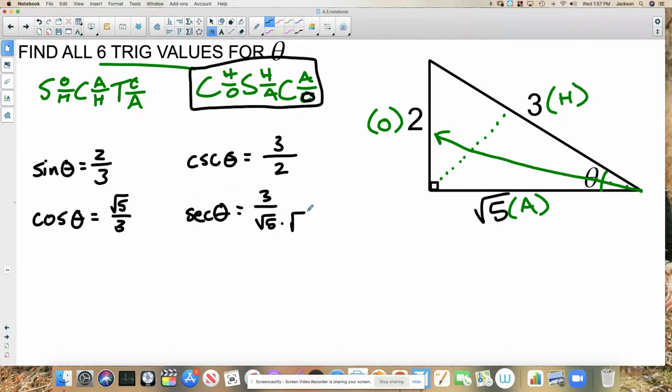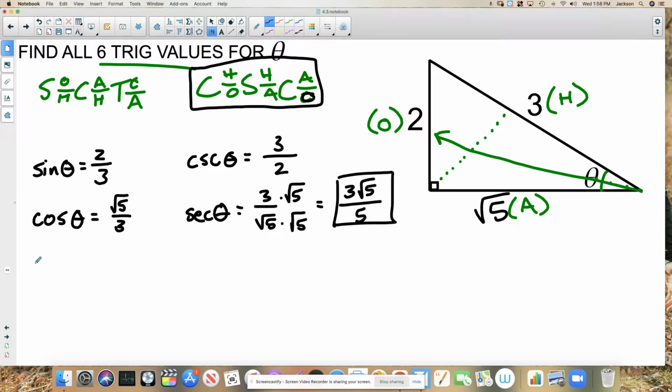It's best to just get in the habit when you see that, rationalize that denominator by multiplying the top and bottom. So we're going to have 3 radical 5 over square root of 5 times the square root of 5 is 5. So we're in a chapter, in a unit, in some territory here where you're going to see quite a bit of this, where you have radicals within these fractions.